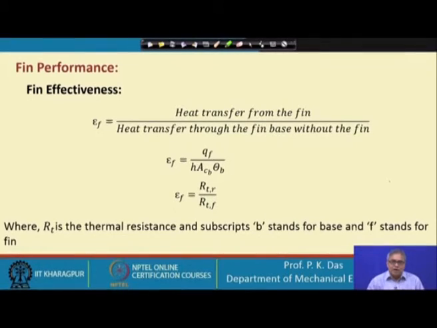So, everywhere our cross section is constant. Even then we are getting a complex equation. But if the fin geometry is more complex, all these simplicities are not there, and we can imagine that the equation will not be easy to remember or handle.